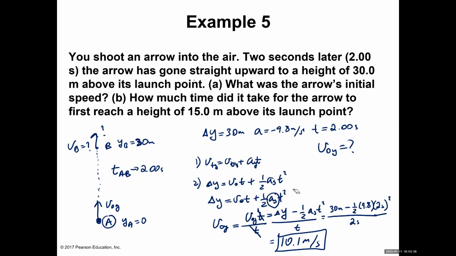So sorry guys. This is negative, but then a_y is negative. Yeah, it can't be 10.1. It's too slow to reach 30 meters. That means there's a minus there, but a_y is also minus 9.8. So this is minus to cancel the other minus, so you end up basically adding them. There you go. Thank you.